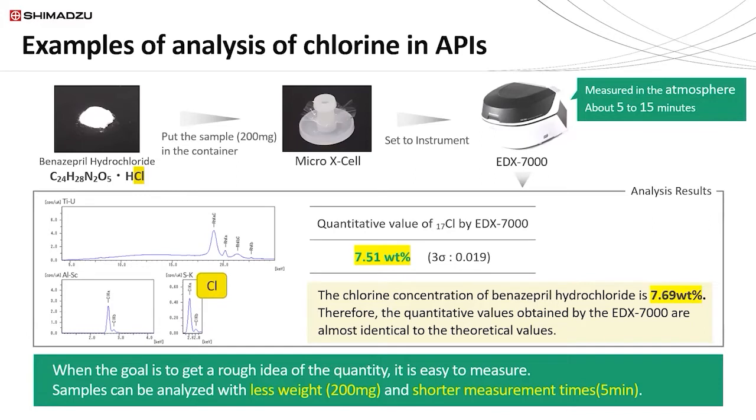Okay, in the box here, you can see that we were able to quantify chloride to a value of 7.51%, where the theoretical value of chloride, as calculated using the molecular formula of benazepril hydrochloride, is 7.69%.